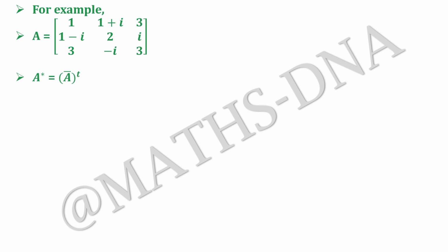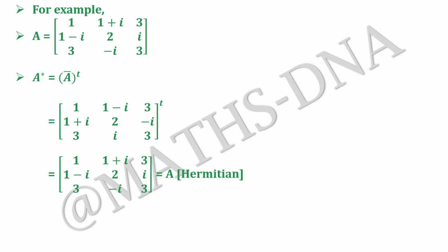For A to be a Hermitian matrix, it is necessary that A star equals A. Firstly we find A star, that is A conjugate transpose. So first we find A conjugate, that is we change the sign of the imaginary parts, and then we find its transpose, that gives us 1, 1 plus i, 3, 1 minus i, 2, i, 3, minus i and again 3. This equals A. So we get that A is a Hermitian matrix.